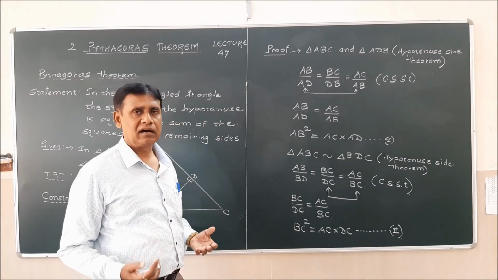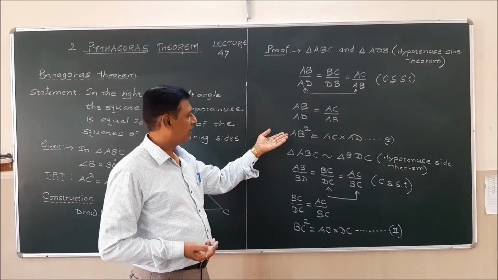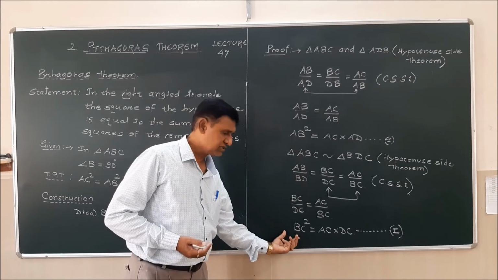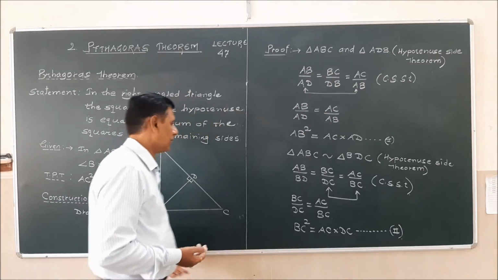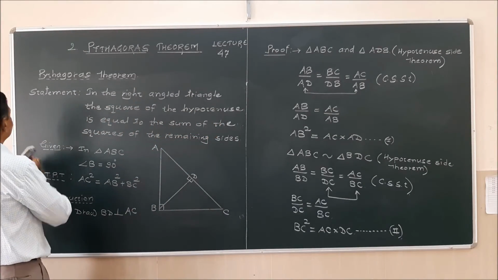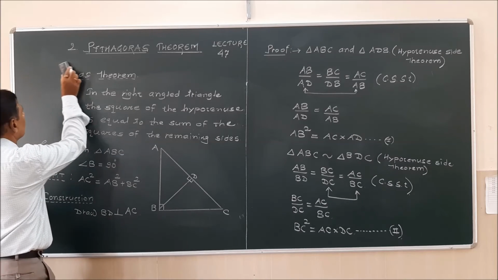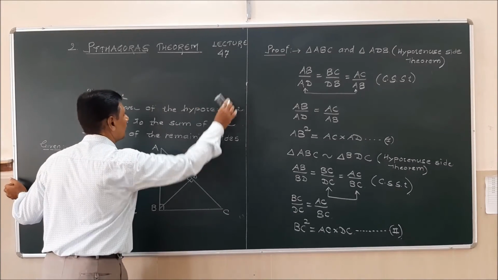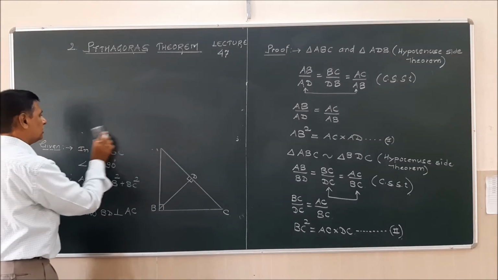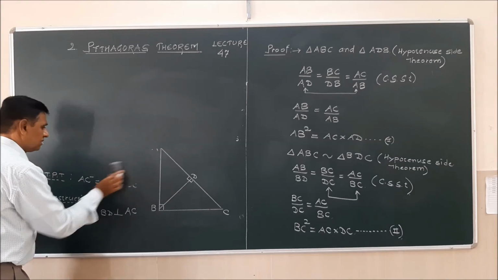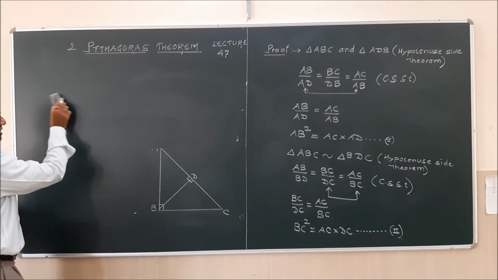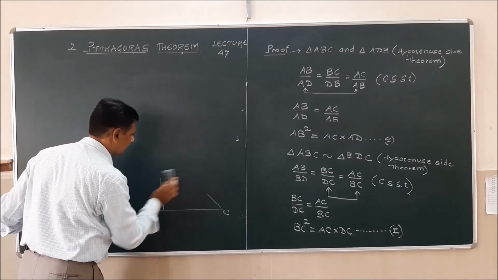So naturally our next step is to add equations 1 and 2. This is an important theorem, dear students, very important, because its proof can be asked in the examination.